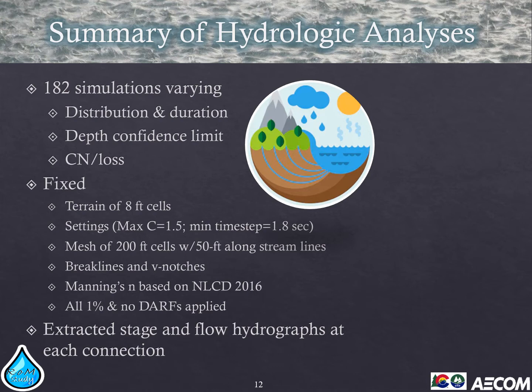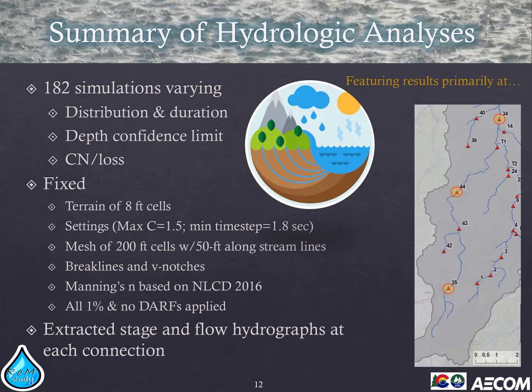And I should note that all of these simulations were the 1% or 100-year event with no depth area reduction factors applied. And like I mentioned earlier, we extracted stage and flow hydrographs at each of these connections, and that's how we analyze the data. Looking at the hydrologic piece, when you look at Appendix A in particular and get into the data, there were 3 connections along the same stream that we often showcase data for, to show that impact along the same stream with increasing drainage area.